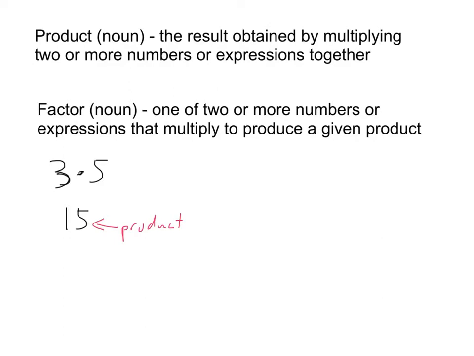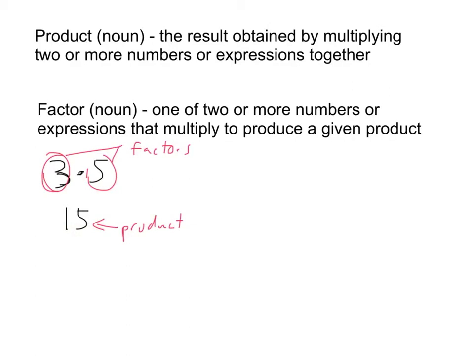That's called the product. And what are these numbers called? These two numbers, the 3 and the 5, those are called factors, right? So the numbers here that multiply together to get the answer, these are called the factors. These are the factors, your answer is your product.